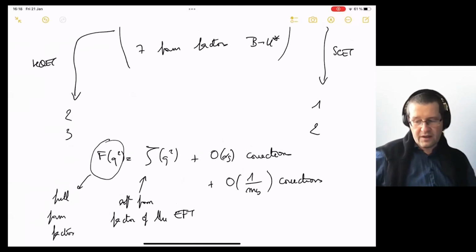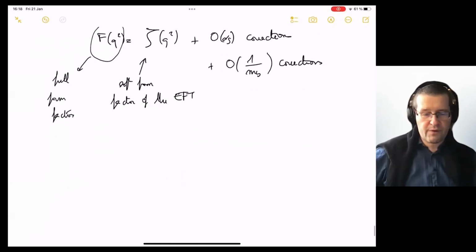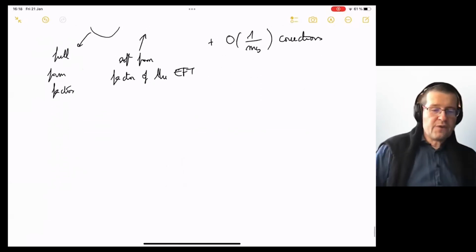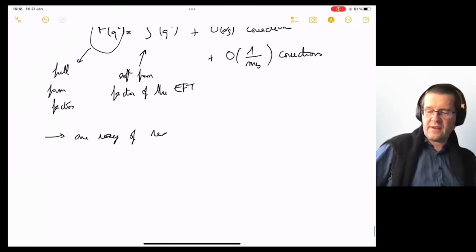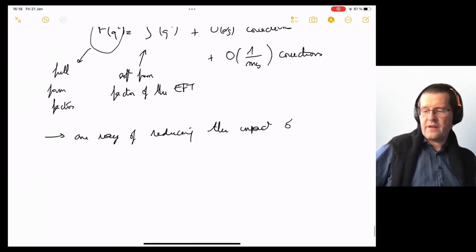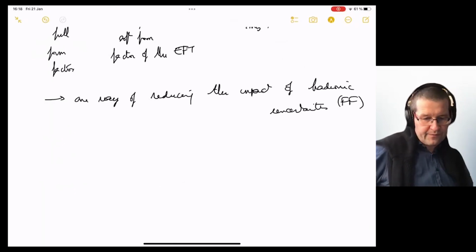Alpha S corrections that I can compute, but then there are also 1 over MB corrections that are harder to compute. So that's one way of reducing the impact of hadronic uncertainties. So that's coming from the form factors.